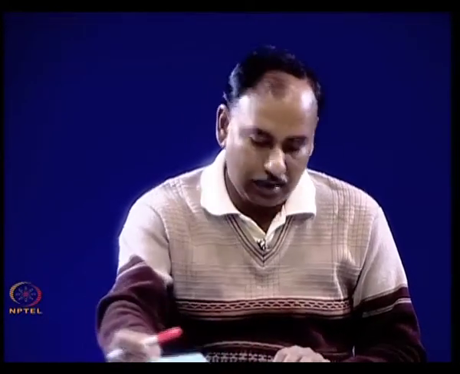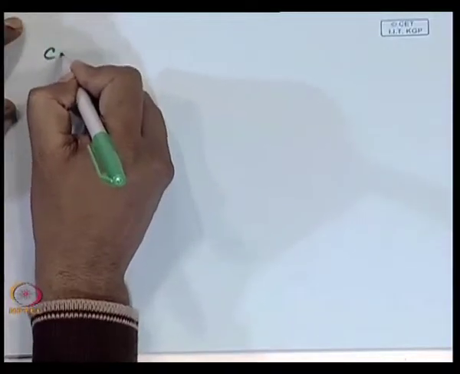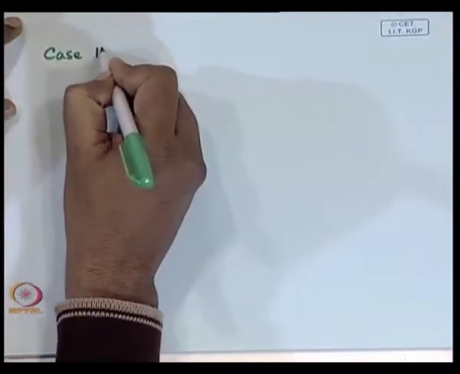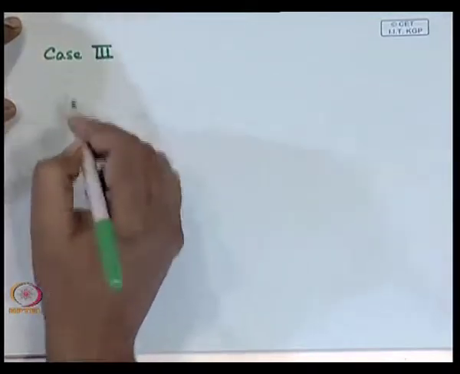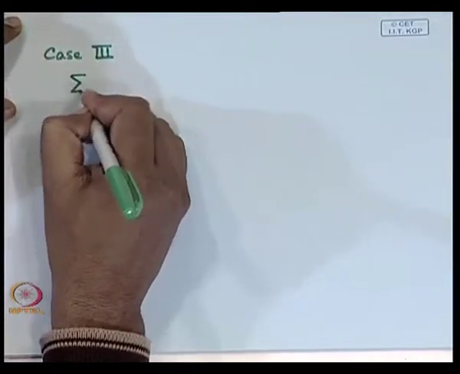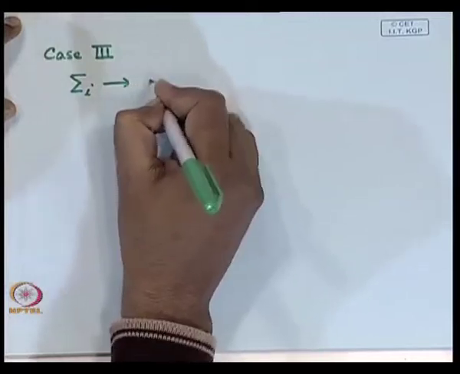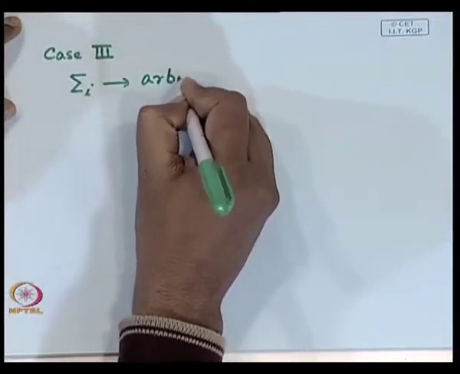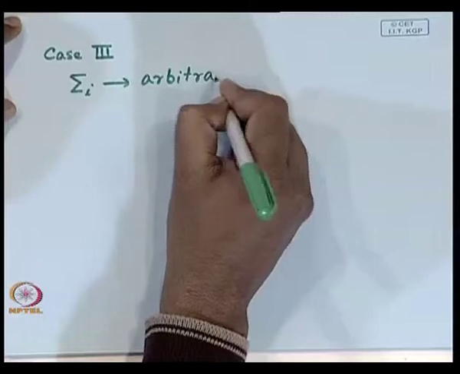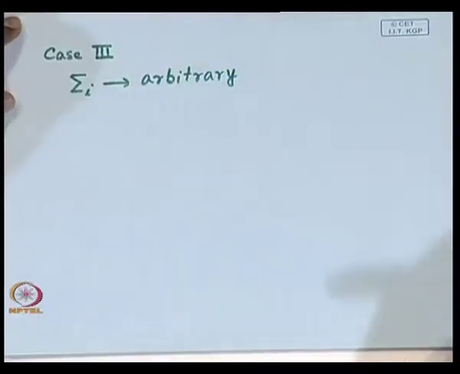Now, let us take the third case, which is the most general one. That is, the covariance matrix sigma i is totally arbitrary. That means different classes have different covariance matrices.